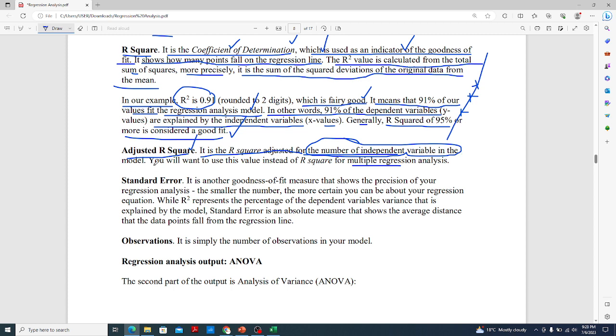You will want to use this instead of R squared for multiple regression analysis. Then we have the standard error.